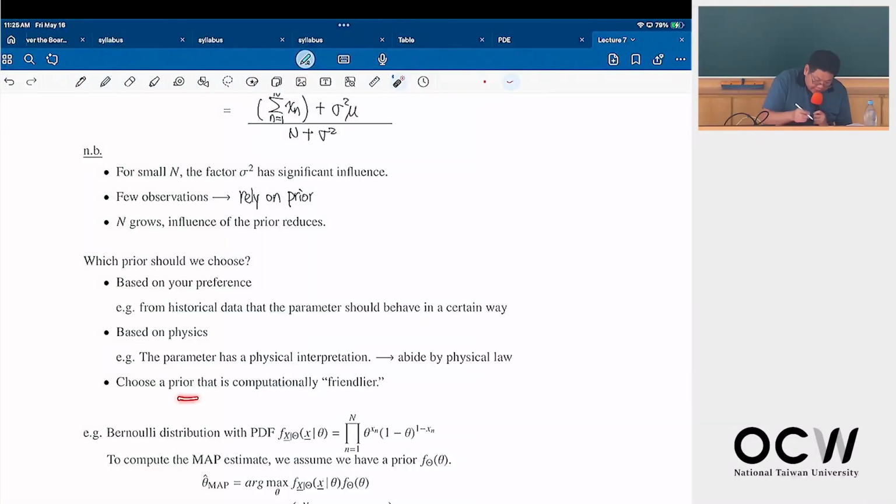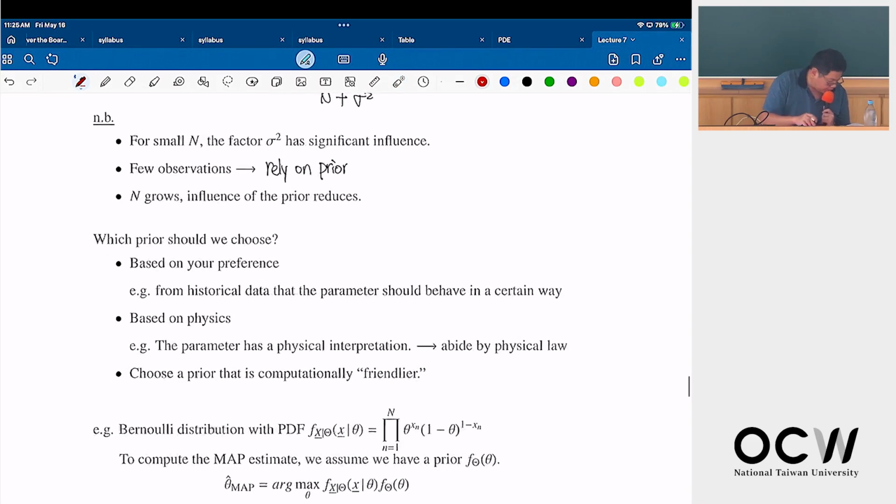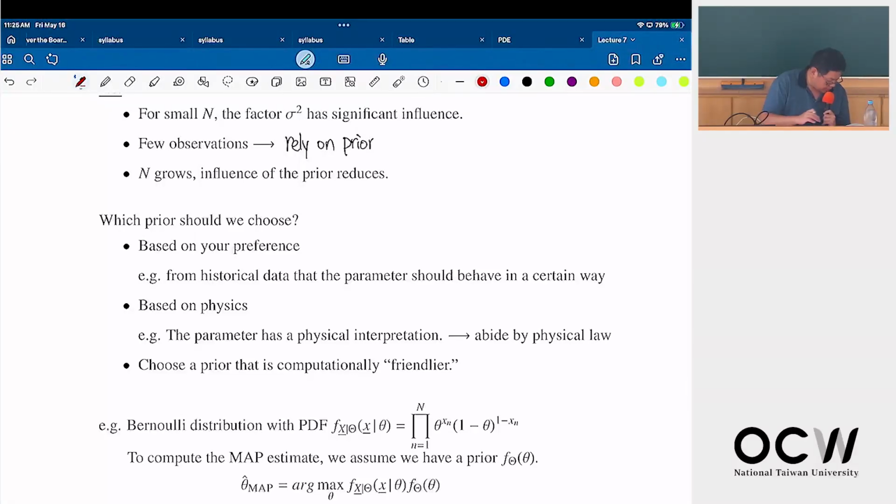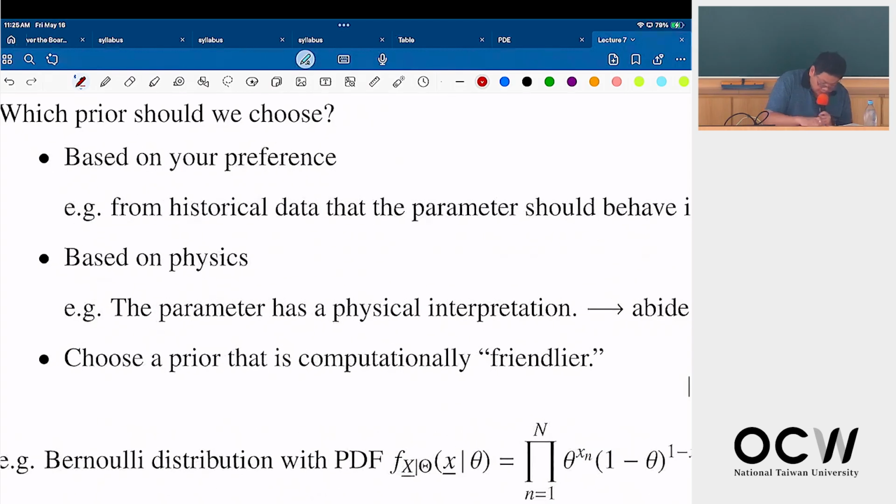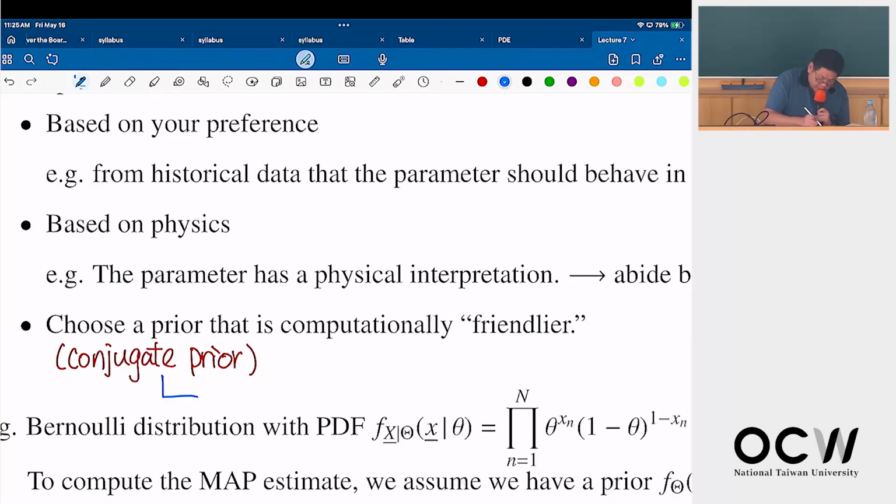If we choose a prior that is computationally friendlier, actually this is called a conjugate prior. That means it won't change the form of the posterior distribution.